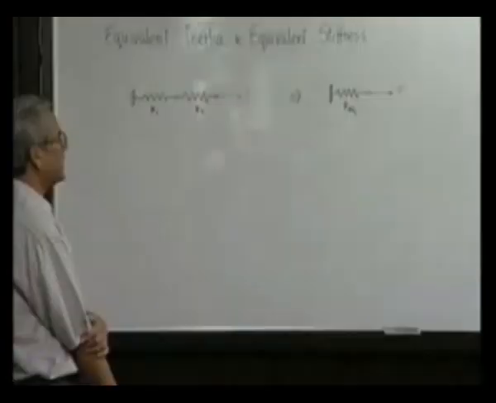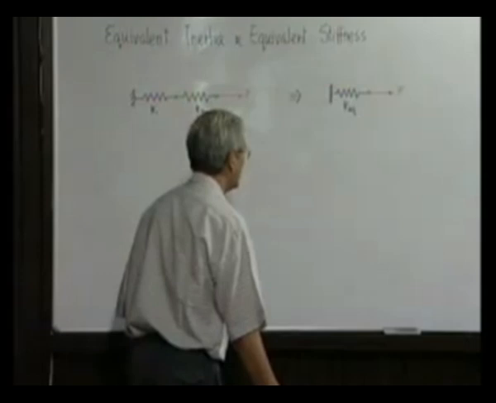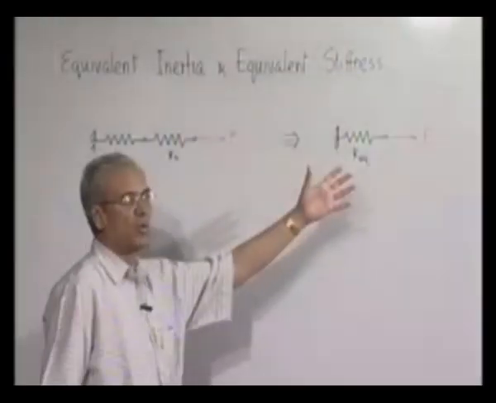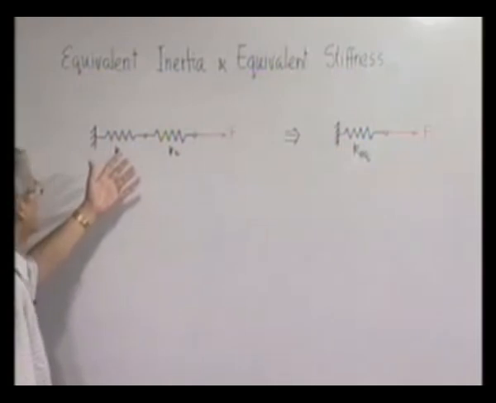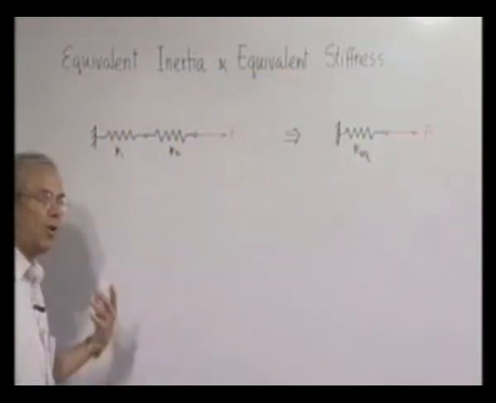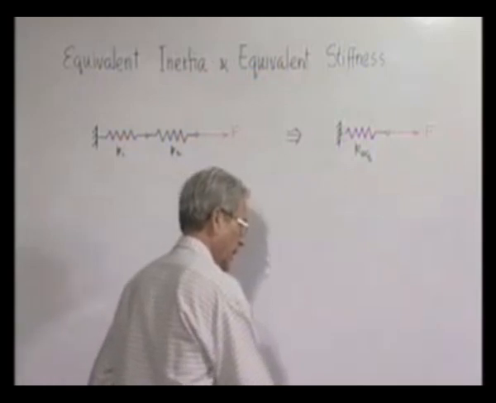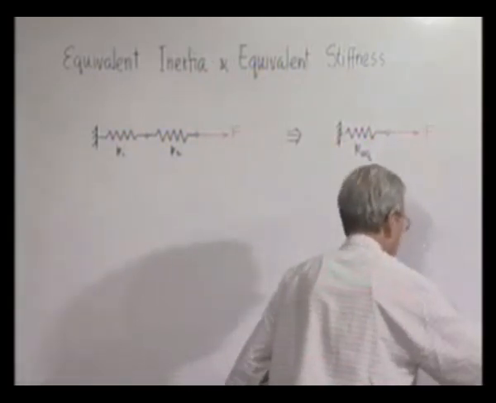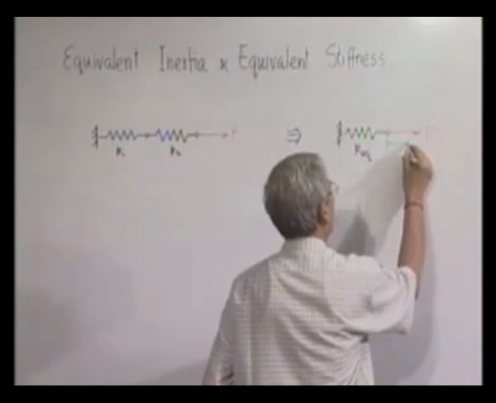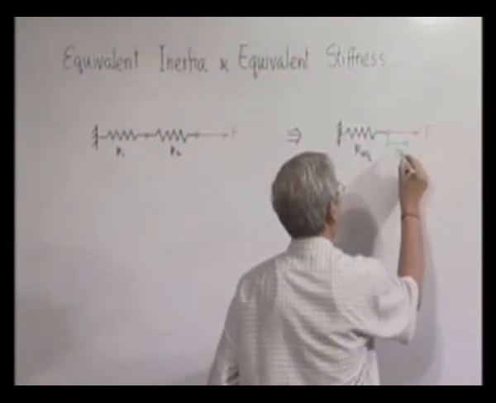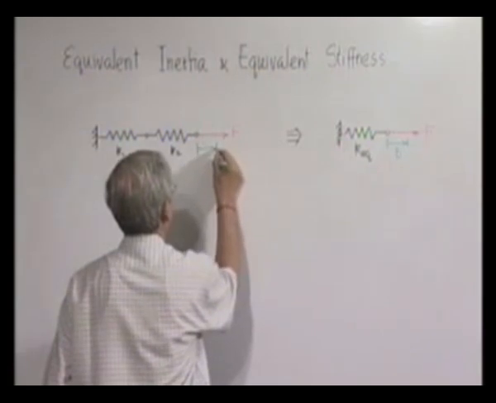Now, we have to find out the equivalence. What should be the condition of the equivalence? As we mentioned, the energy stored in the system here should be the same, or in other words, we can also say that the deflection caused here under this force should be the same as the deflection caused here.